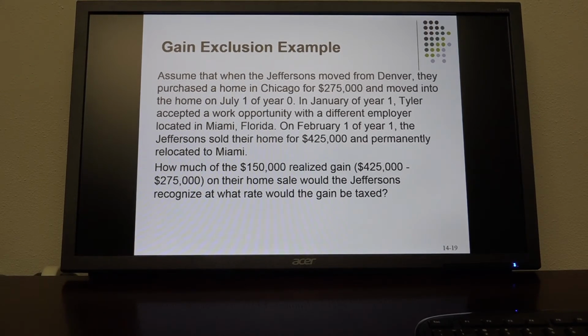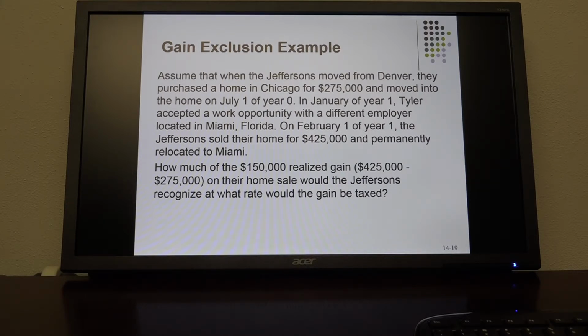So here's an example of this hardship rule. Assume that when the Jeffersons moved from Denver, they purchased a home in Chicago for $275,000 and moved into the home on July 1 of year 0. In January of year 1, 6 months later, Tyler accepted a work opportunity with a different employer located in Miami, Florida.